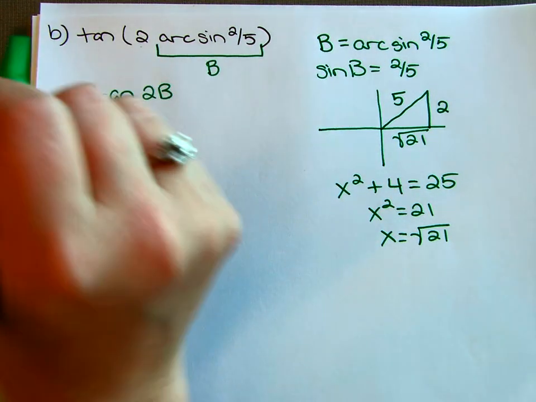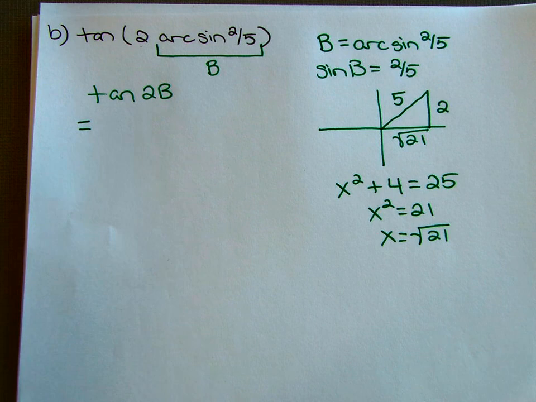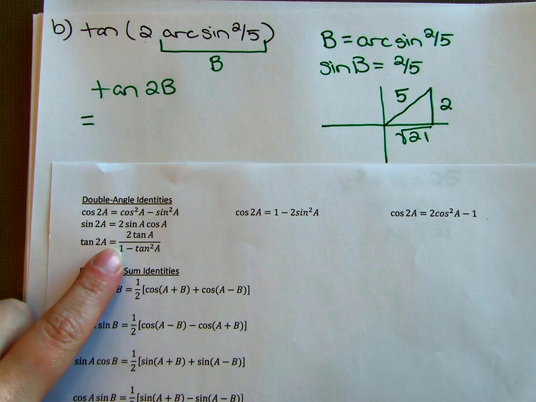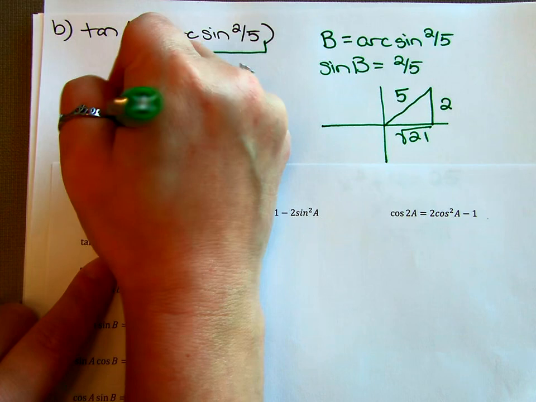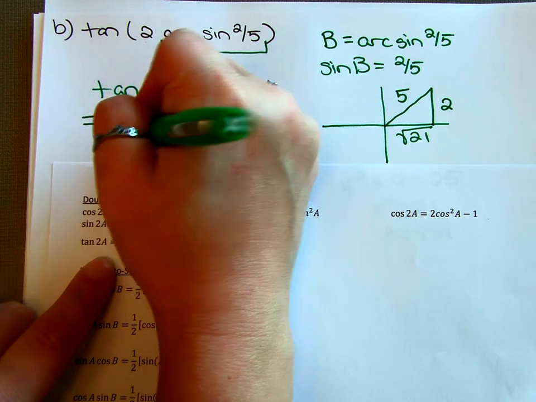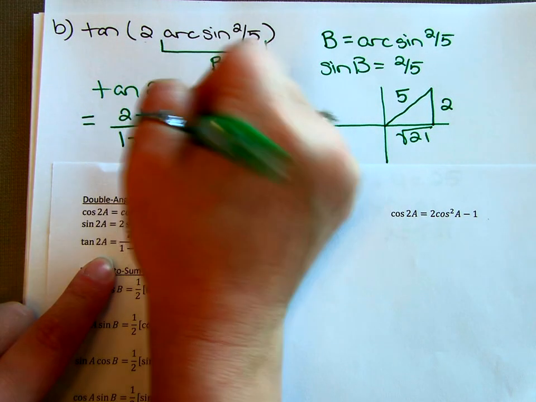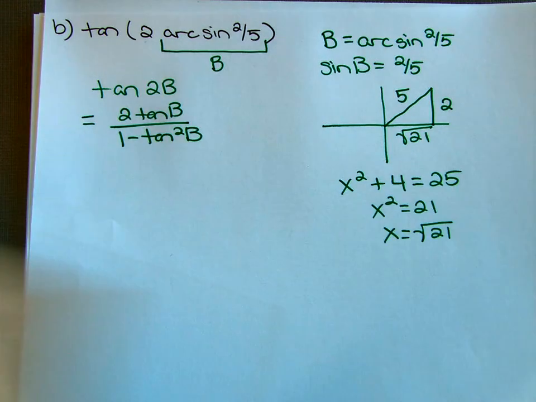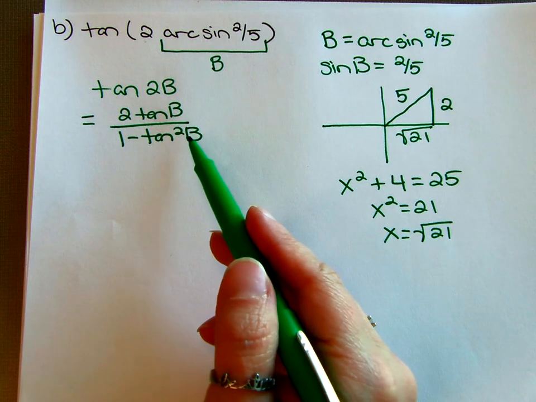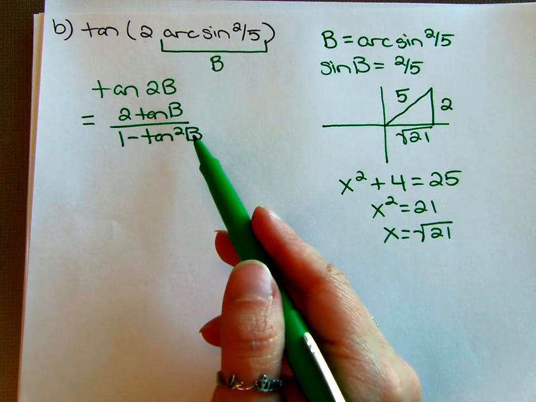If we look at our double angle identity, I can write this as 2 times tangent b over 1 minus tangent squared b. So the only thing I need to figure out is what tangent of b is, and I can do that from my triangle over here.